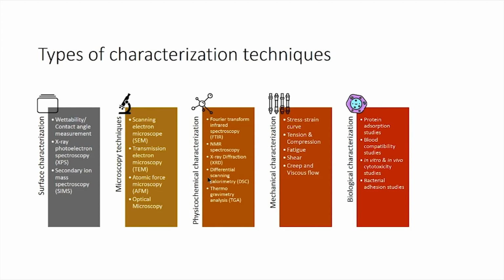Then biological characterization, such as the protein adsorption study, because when you implant a material into a host system, the first interaction between the host system and the material is protein adsorption. If protein adsorption occurs on your material surface, then that will lead to cell attachment and blood cell attachment also. So, based on the application that can vary.